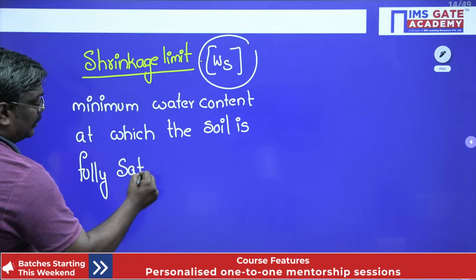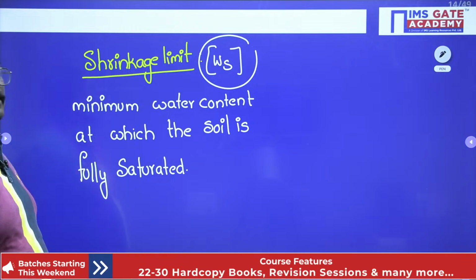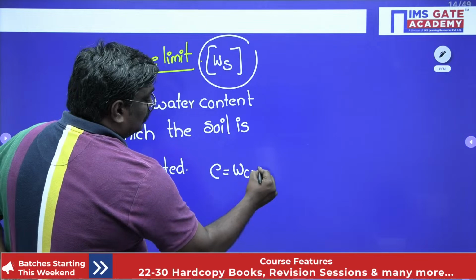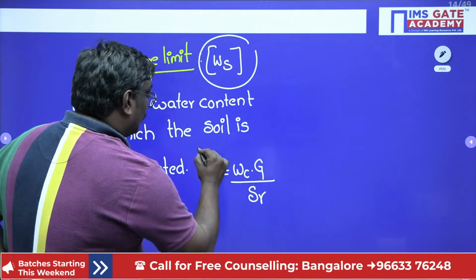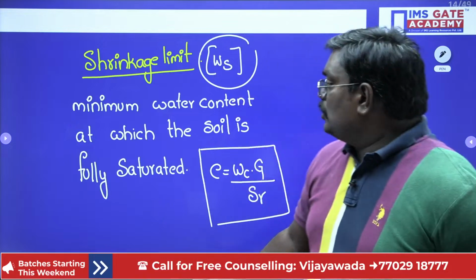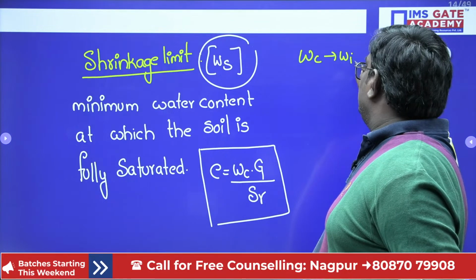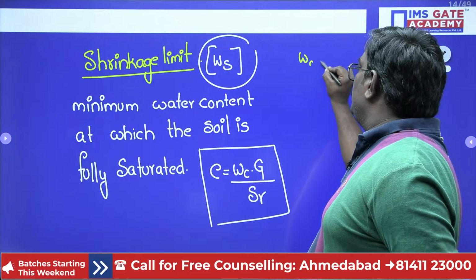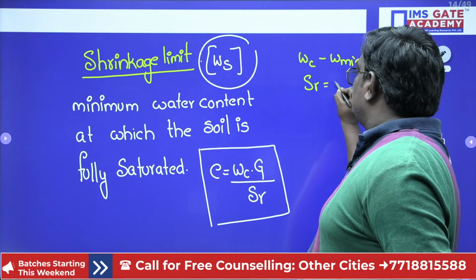Now, my dear students, if I talk about the void ratio, water content and specific gravity, you might know that e is equal to w G upon S_r. Here the void ratio e is given by the formula e = wG/S_r. So what he is trying to tell you is the water content will be minimum when the degree of saturation is fully saturated, meaning S_r is equal to 1.